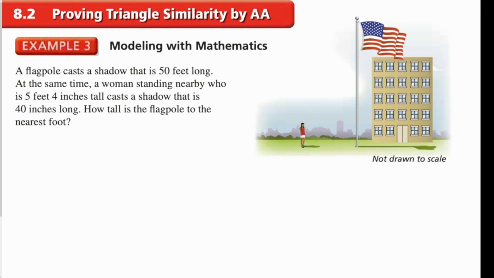So now this brings us to an application problem, and it's not enough just to show that two triangles are similar. Now we can use that to aid in solving problems involving distances and lengths and measures. So here it says a flagpole casts a shadow that is 50 feet long. So here's the shadow.